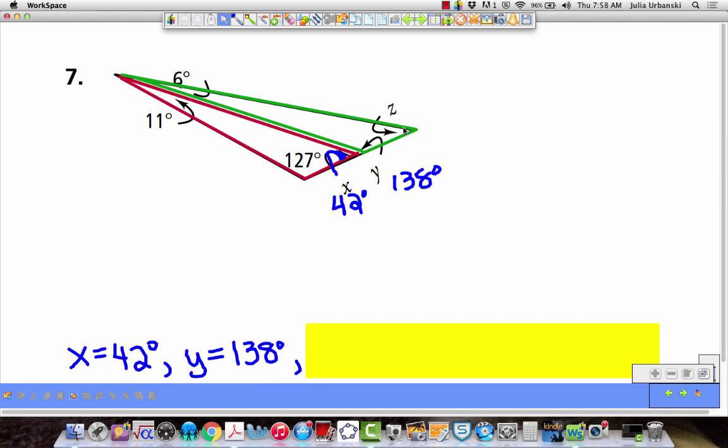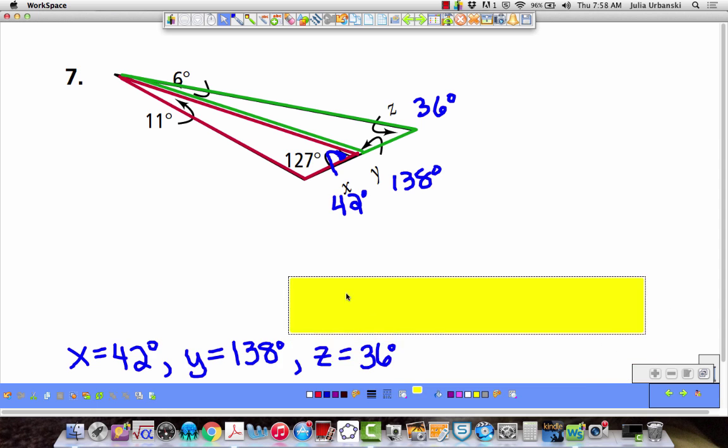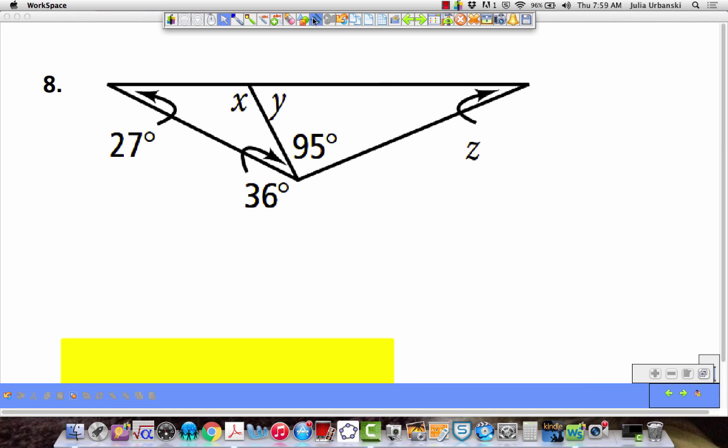And now how are you going to figure out letter Z? 36, I'm hearing. That's 180 minus the 6 minus the 138, and you got 36 degrees. Do we agree? Yes. Alright, we've got people that agree with you.